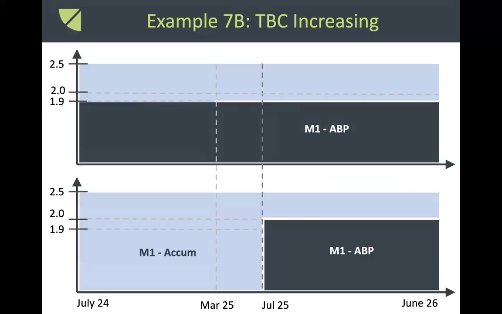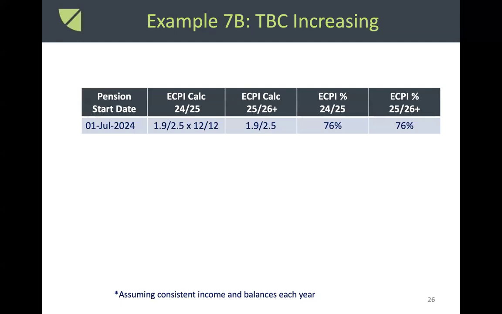So that's what this comparison looks like. The top one is starting the pension in July 24, and you'd have a balance of $1.9 million, both in the current year and in future years. And the second option is a pension balance of $2 million starting on the 1st of July 25. So we're going to have 76% ECPI in 24-25, and then in future years again.